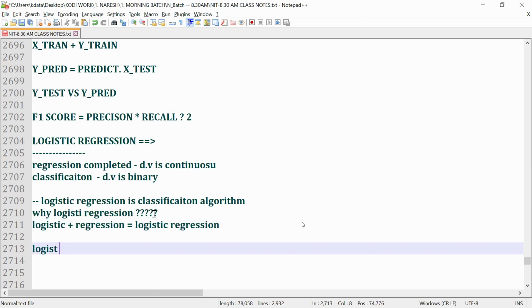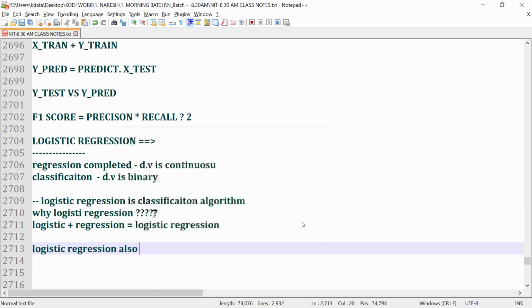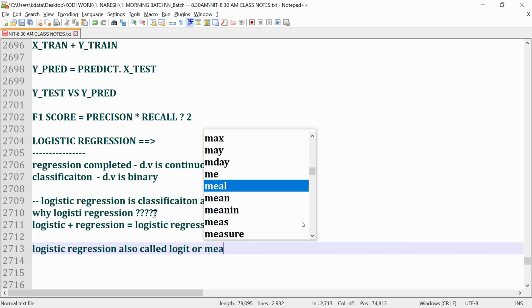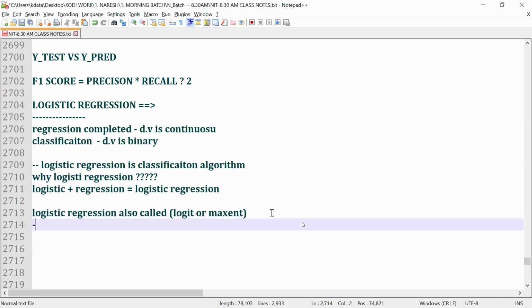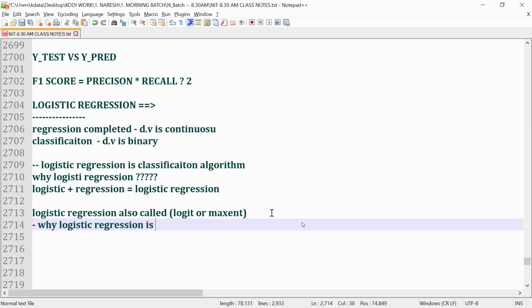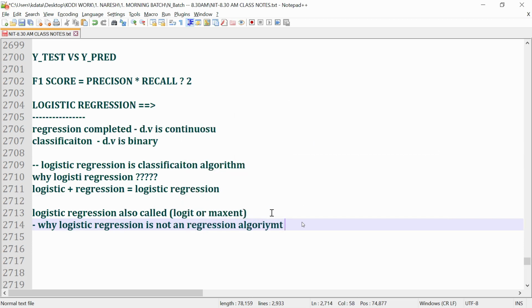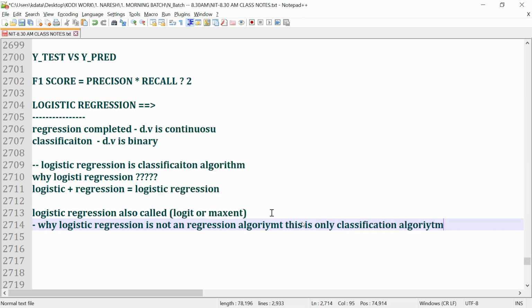Logistic regression is also called logit or max end. I will give you one example. I will tell you why logistic regression is not a regression algorithm. This is only a classification algorithm, guys.